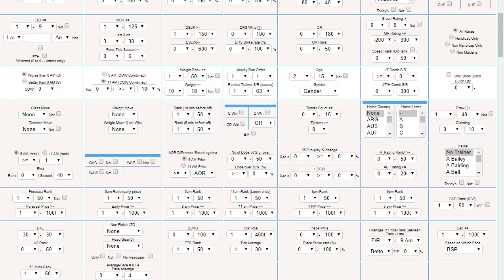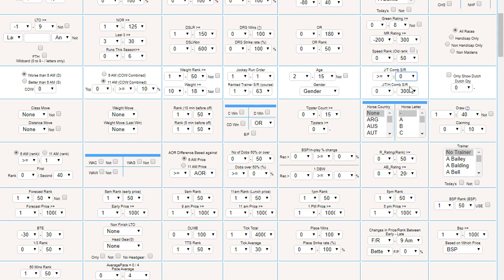Jockey and trainer combination of strike rate. So basically you could go for jockeys and trainers that have at least a 40% strike rate, and you can also do it on jockey and horse, or jockey, trainer, and horse. So combined they have a certain strike rate. If you're looking for the best horses on the day, that might be a good way of looking for it: just looking for combinations and seeing who are the top combinations of the day.